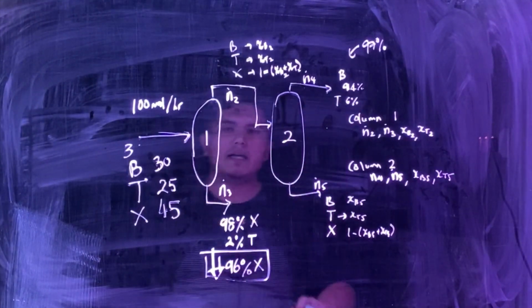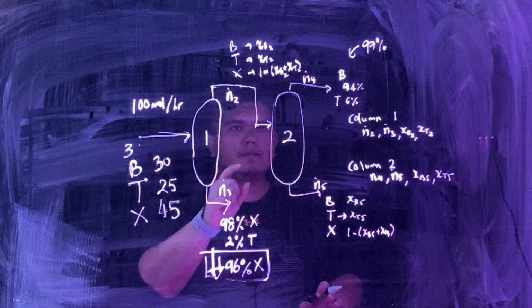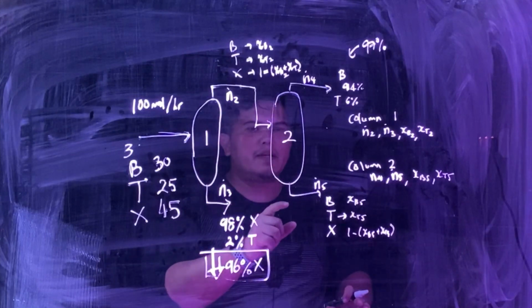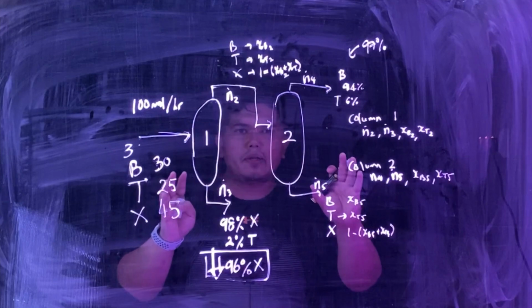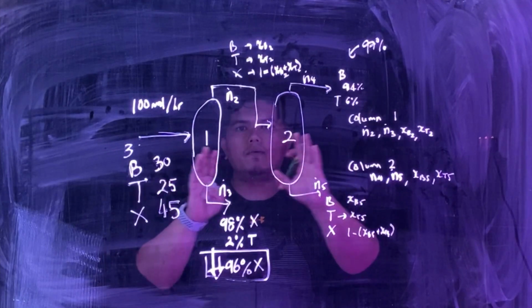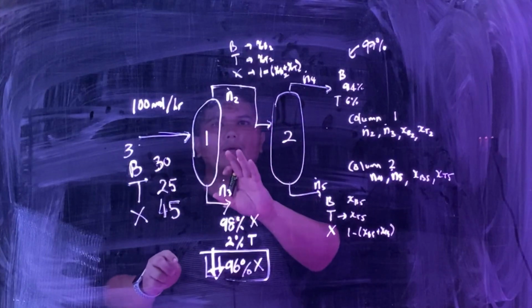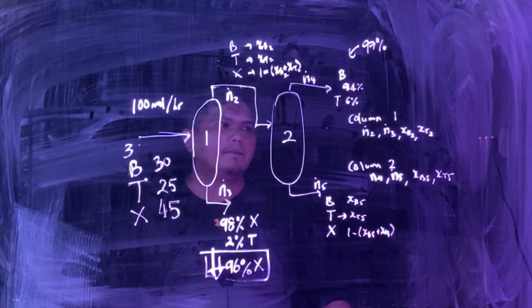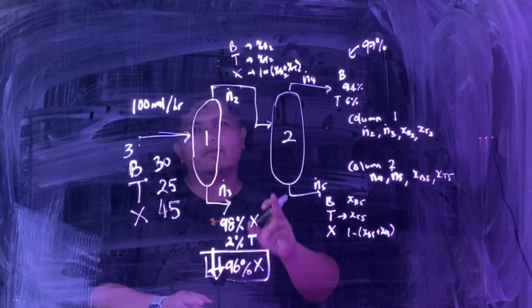So remember, in order for us to solve this particular problem, we must make sure that the unknowns minus the independent equations equals 0. So the next thing that we're going to do is to figure out the relevant independent equations that we can derive from here. So let's move to the next video so we can solve this overall problem.